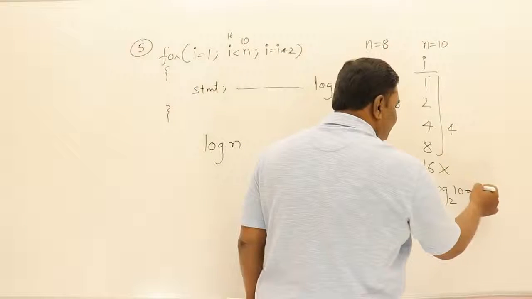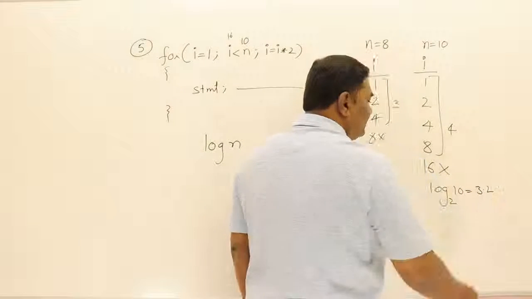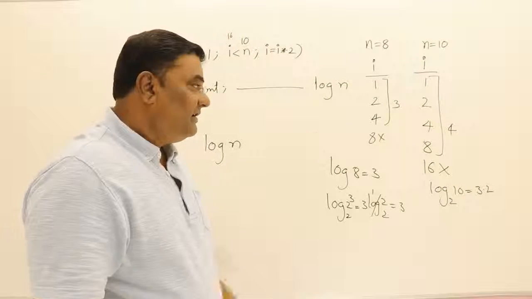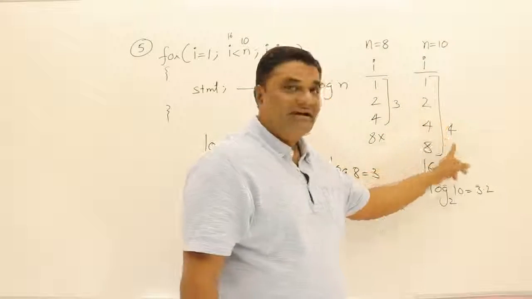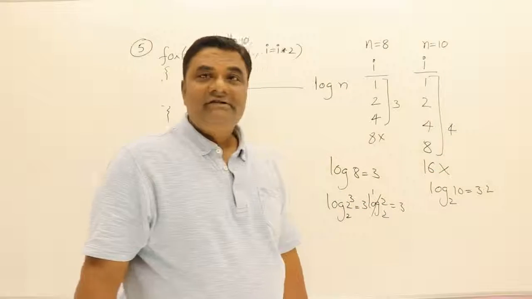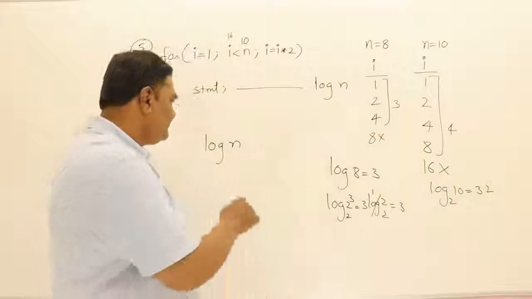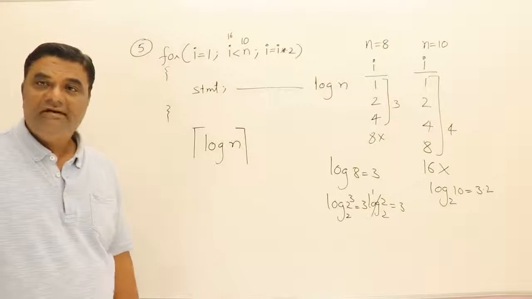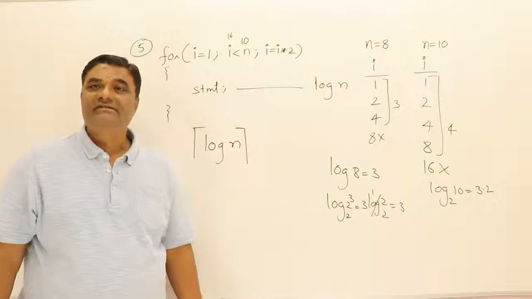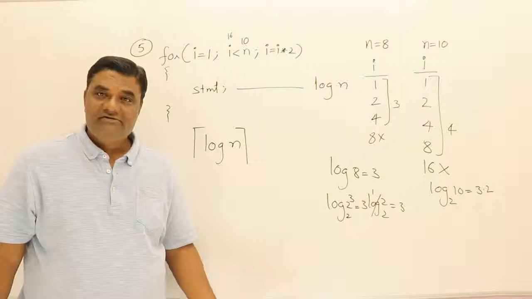So let us take it as example 3.2. I am assuming it as 3.2. I got 3.2, but if you see the number of times repeated, it is 4 times. So it should be taken as the ceil value. So this log should be taken as ceil. When you use log, sometimes whether it is ceil or floor is also important.